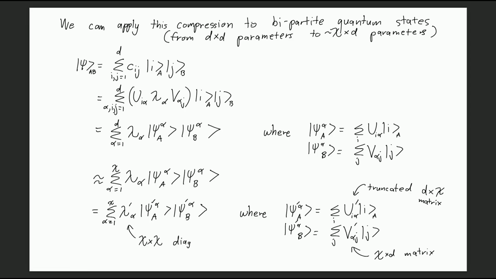Imagine we have a quantum state with two subsystems, A and B. The local dimension of A and B can be quite large, for example. So to describe such a state in general, you need this coefficient tensor, Cij.